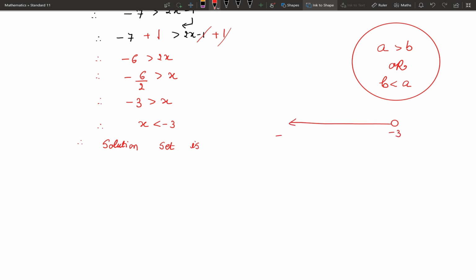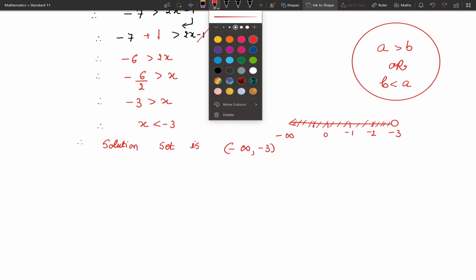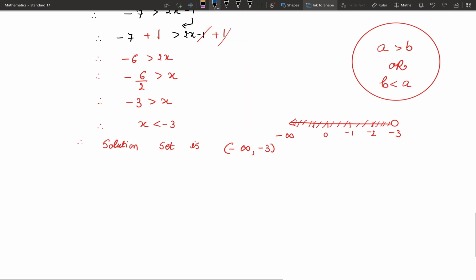This side minus infinity, minus 3, minus 2, minus 1, 0, 1, all real numbers which are less than minus 3. So in this case the solution set is the open interval minus infinity to minus 3. So this is the solution in the case of x belongs to R.